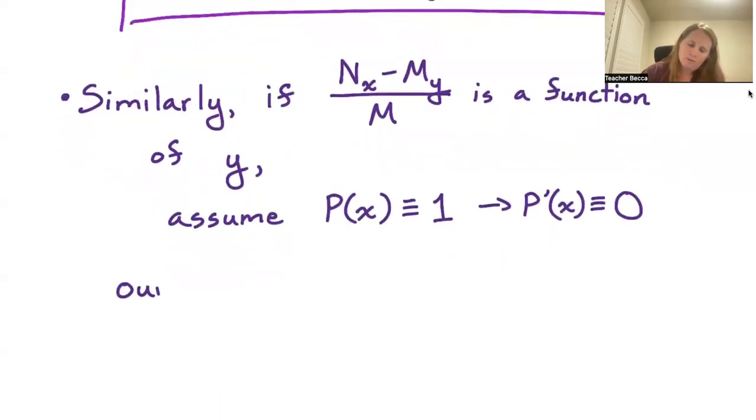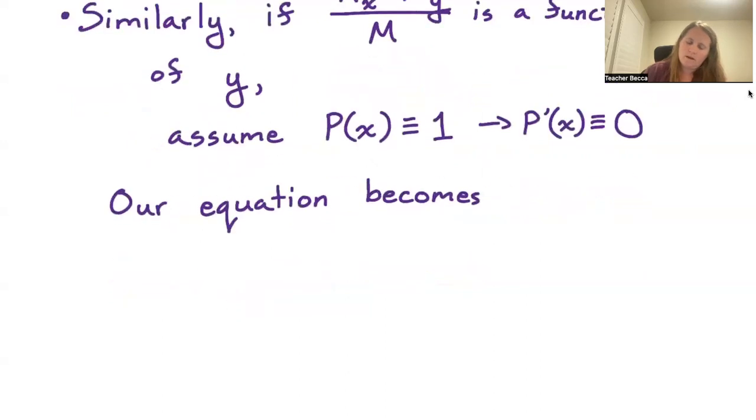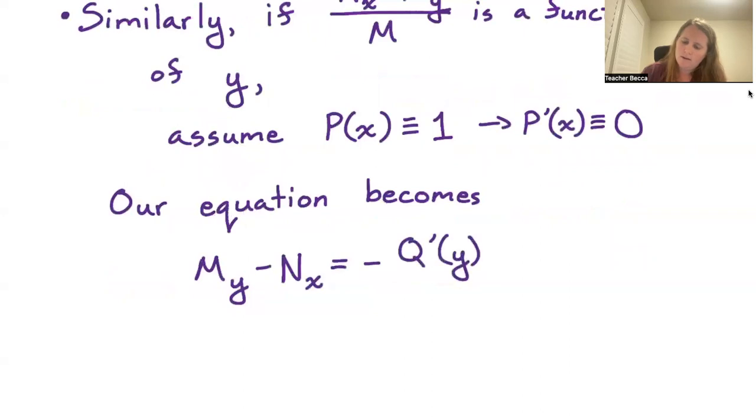Then our equation becomes my minus nx is equal to, the p prime over p goes to 0, we have a negative q prime of y over q of y times m.